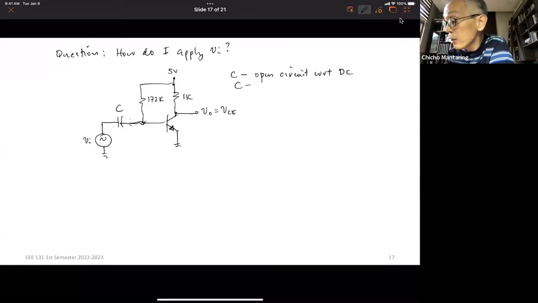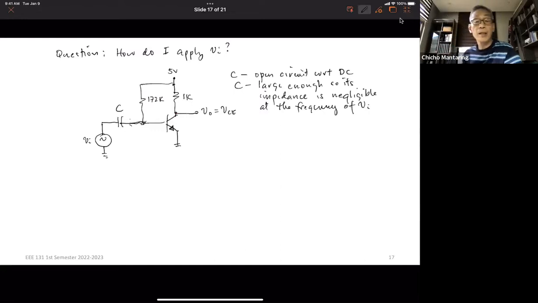Now C should be large enough so its impedance is negligible at the frequency of vi. Do you remember the formula for the impedance of a capacitor? I hope you do. XC is 1 over 2 pi fC.